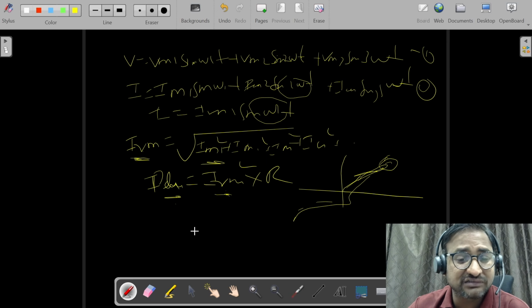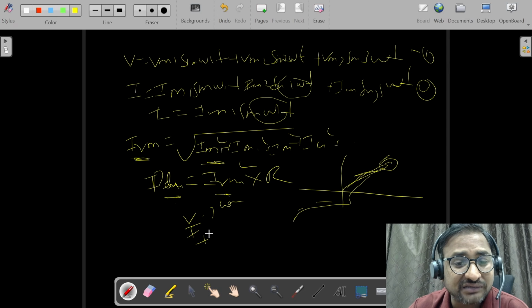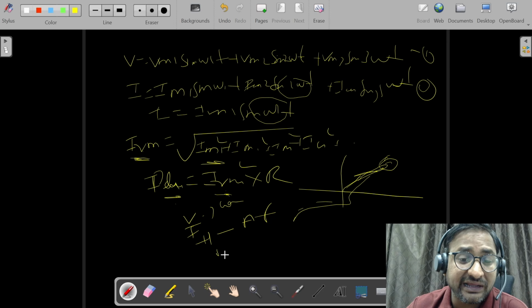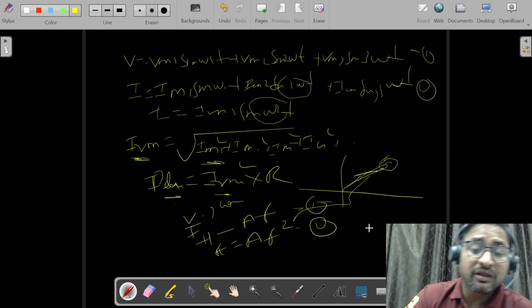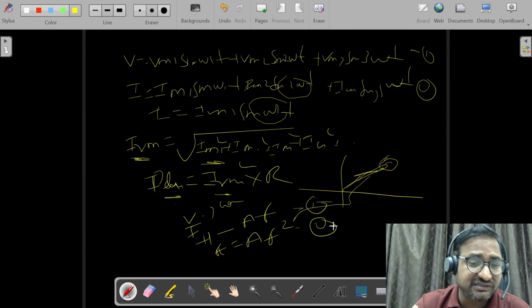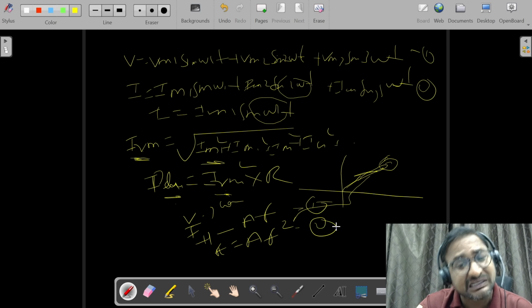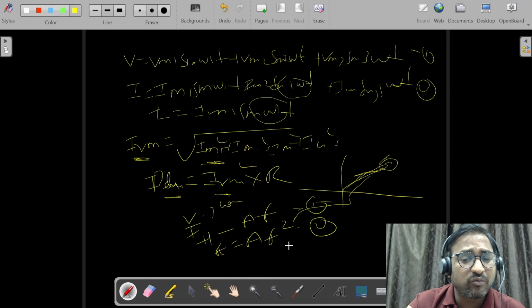For a transformer, if I assume V by F as constant, hysteresis loss is given by some constant into frequency, and eddy current loss is given by some constant into frequency square. So if frequency components increase in an electrical machine like a transformer, whose hysteresis and eddy current losses are proportional to frequency, therefore those losses also increase.